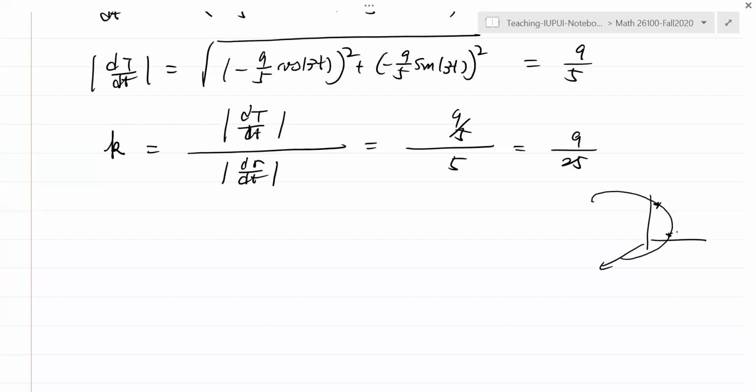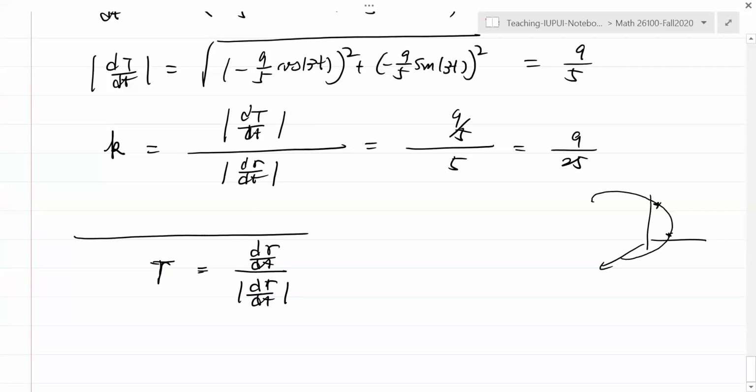The question is, should we always find the unit tangent vector first and differentiate with respect to t? Actually, it's not necessary to do that. We can derive another formula. T is going to be dr over dt, over the length of dr over dt.